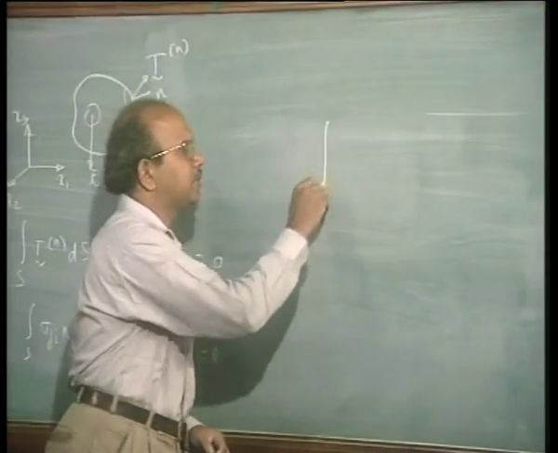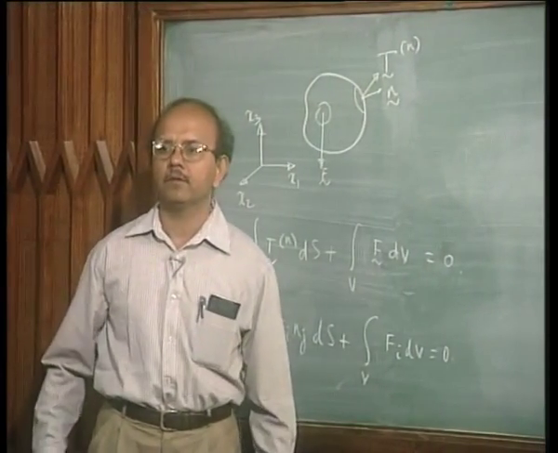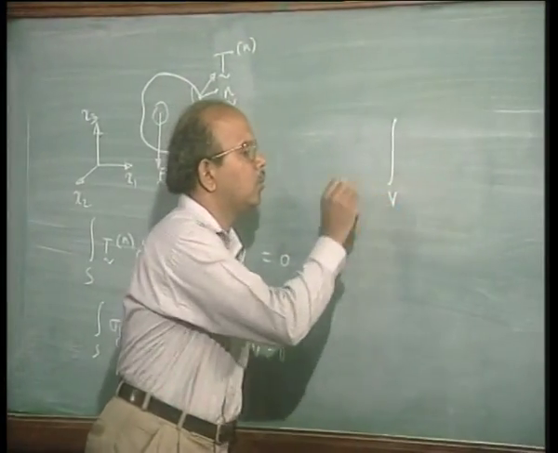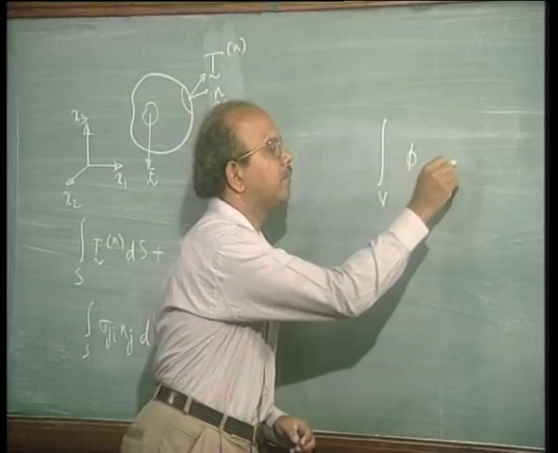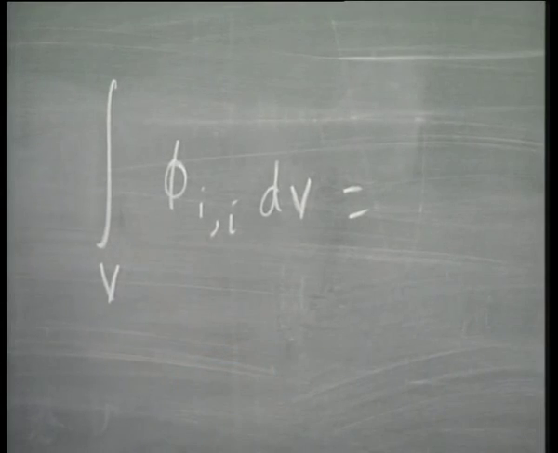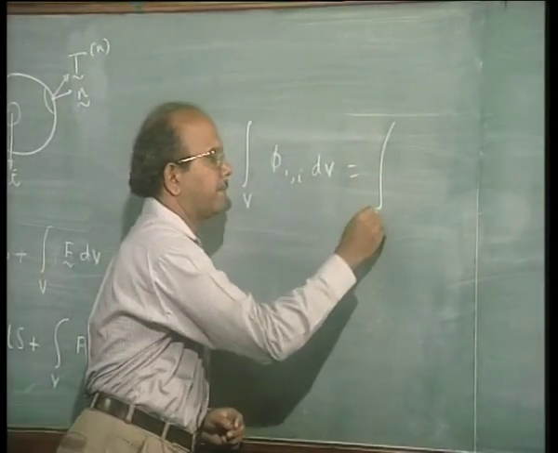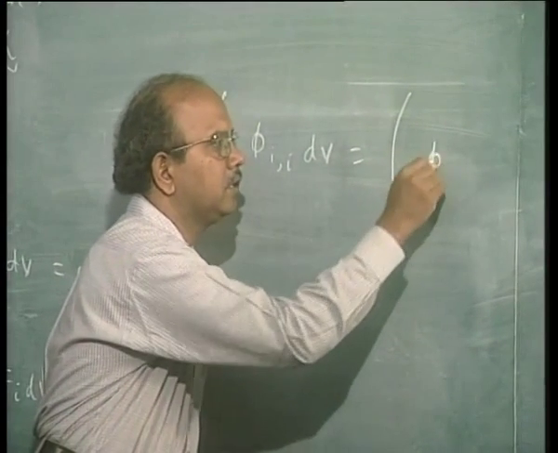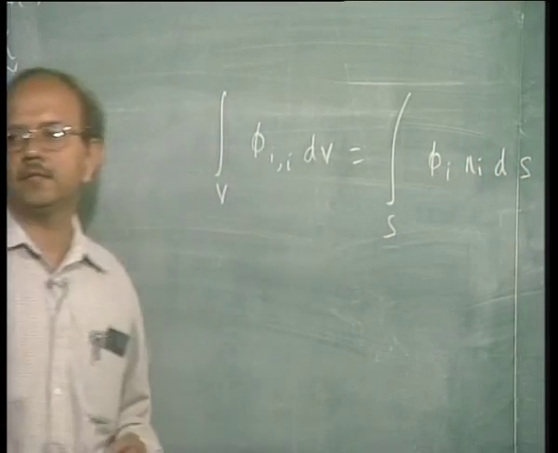And what is the divergence theorem? We had already defined it. We say take a quantity phi i, then the volume integral of phi i comma i dV is equal to the surface integral of phi i ni dS.